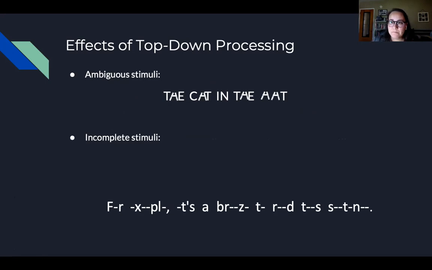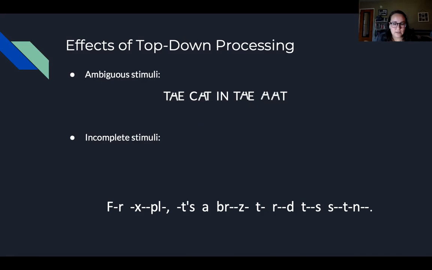But many of us can easily figure out which of these more unclear letters are H's and which ones are A's. How does that happen? Prototype, template, and feature analysis theories aren't able to help us understand this. They can't explain why we're able to look at this intermixed set of clear and unclear letters and say, oh, cat in the hat, pretty quickly.